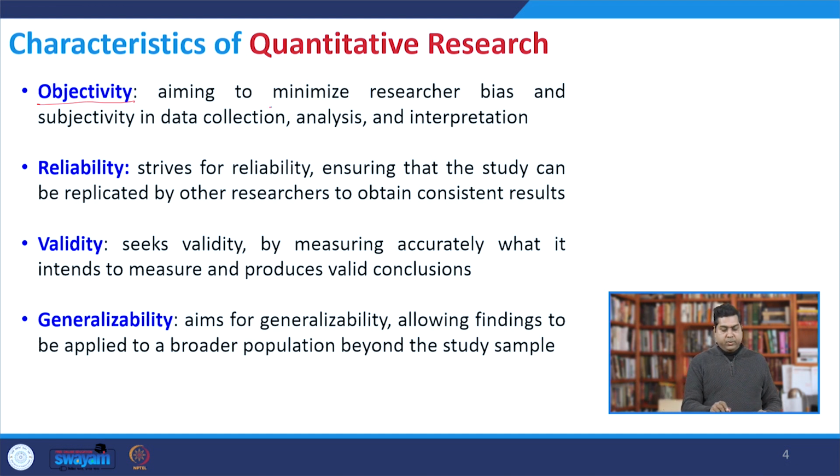It aims to minimize the researcher's bias and subjectivity in data collection, analysis and interpretation. Because it is actual data, there is nothing called perception, so we reduce subjectivity and enhance the objectivity of the analysis in this quantitative research approach.